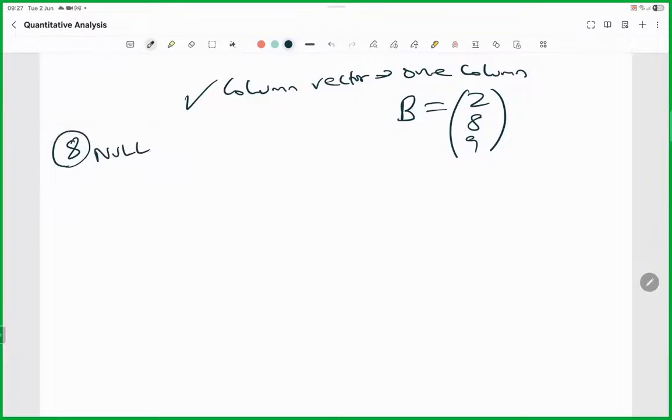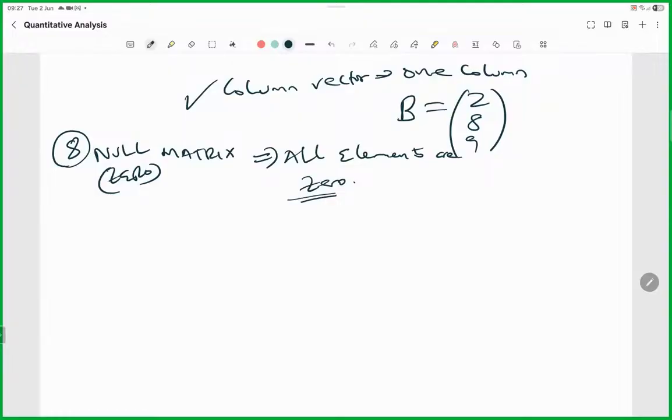A null matrix. Null is 0. All elements are 0. So e.g., if you have 0, 0, 0, 0, these are null matrices.